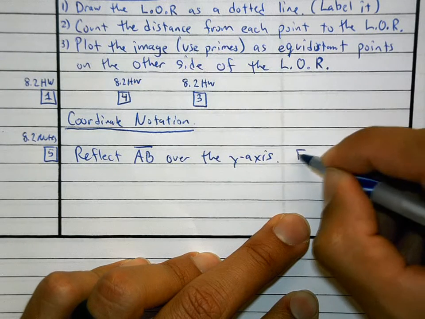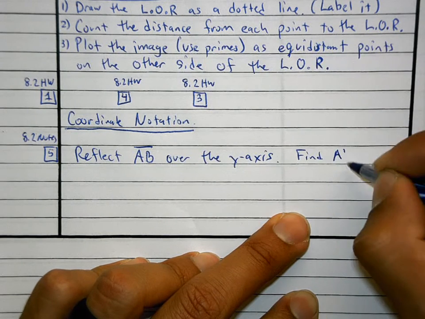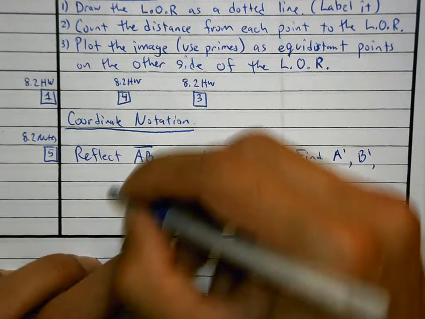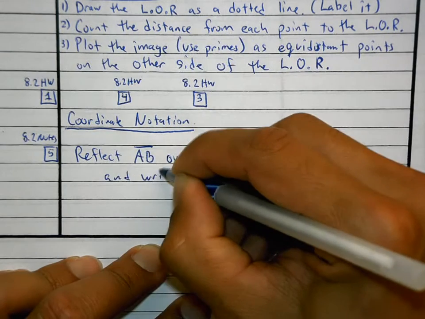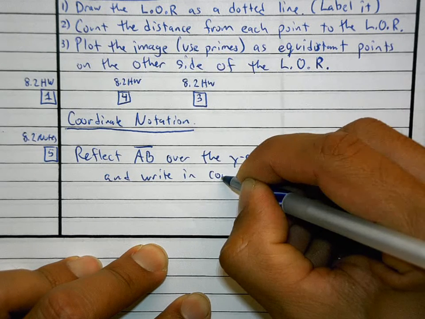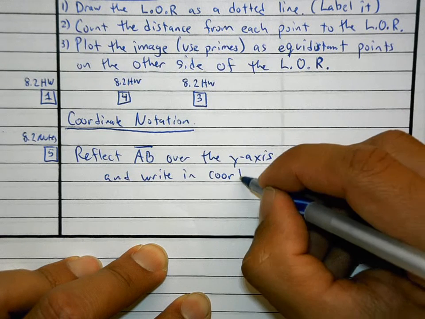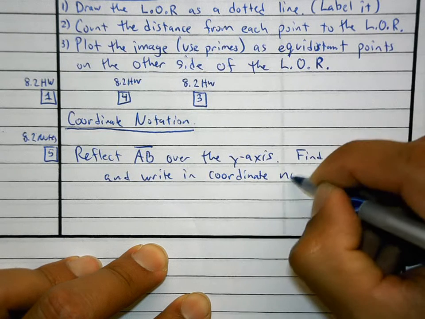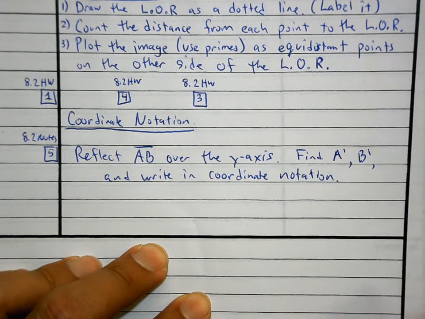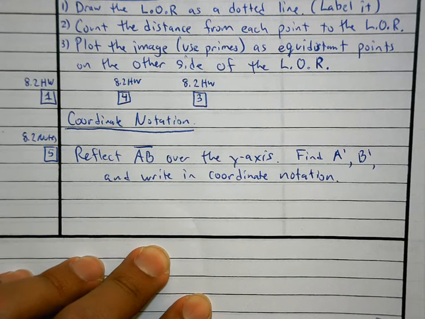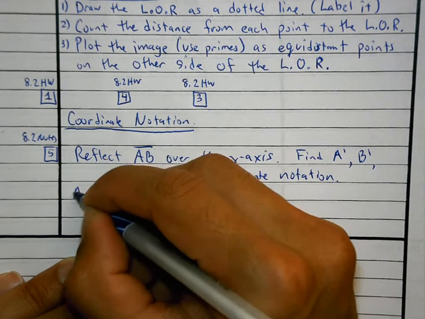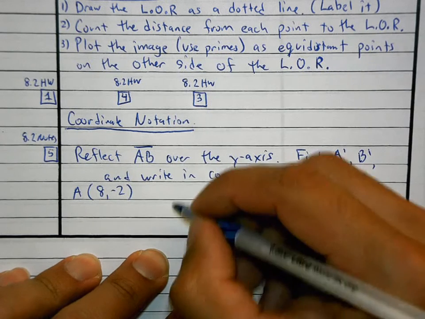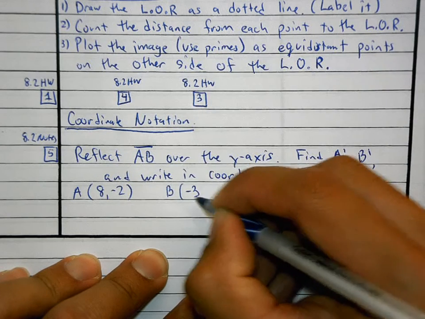Find A prime, B prime, and write in coordinate notation. It will tell you what A is. A is at 8, -2. B is at -3, 9.